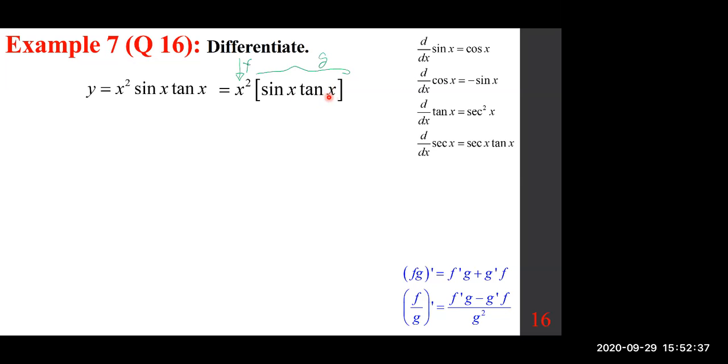The whole thing in a bracket times x squared. So take a look one more time. x squared gives you 2x times the bracket. The bracket gives you this one, times x squared. And this is the only calculus step. I hope everybody is comfortable with that. This is your only calculus step.